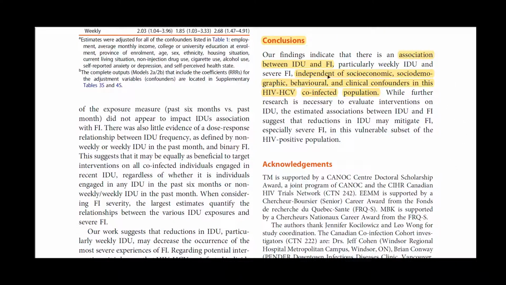We conclude that the association between these two factors appears to exist in our data, and that independent of socioeconomic, sociodemographic, behavioral, and clinical confounders, there appears to be a link between injection drug use and food insecurity among people living with HIV, hepatitis C virus co-infection.